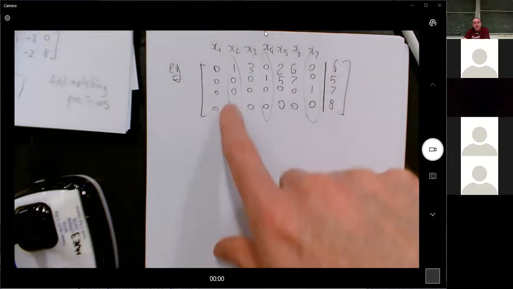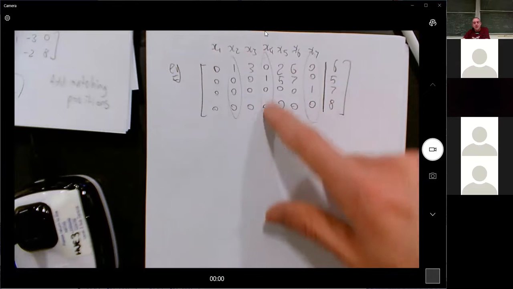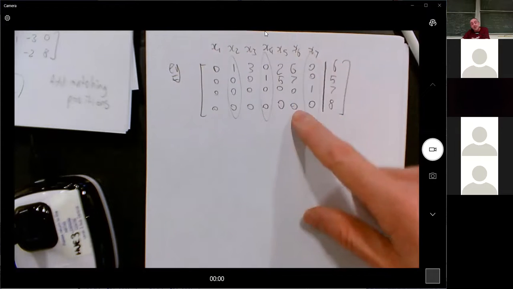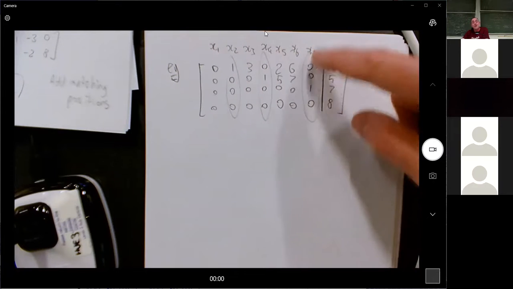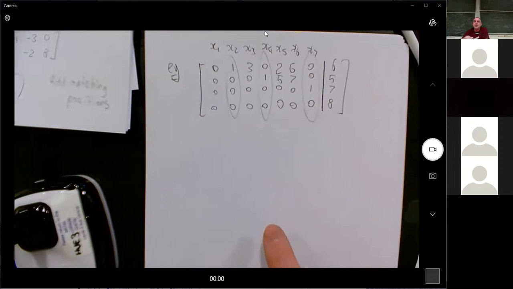It's that this number times x1, and this number times x2, and this number times x3, and this number times x4, and this number times x5, and this number times x6, and this number times x7, they all have to add up to 8. And there are no possible choices for x1 to x7 that will do that, because if I do 0 times all of them, the answer is going to be 0.